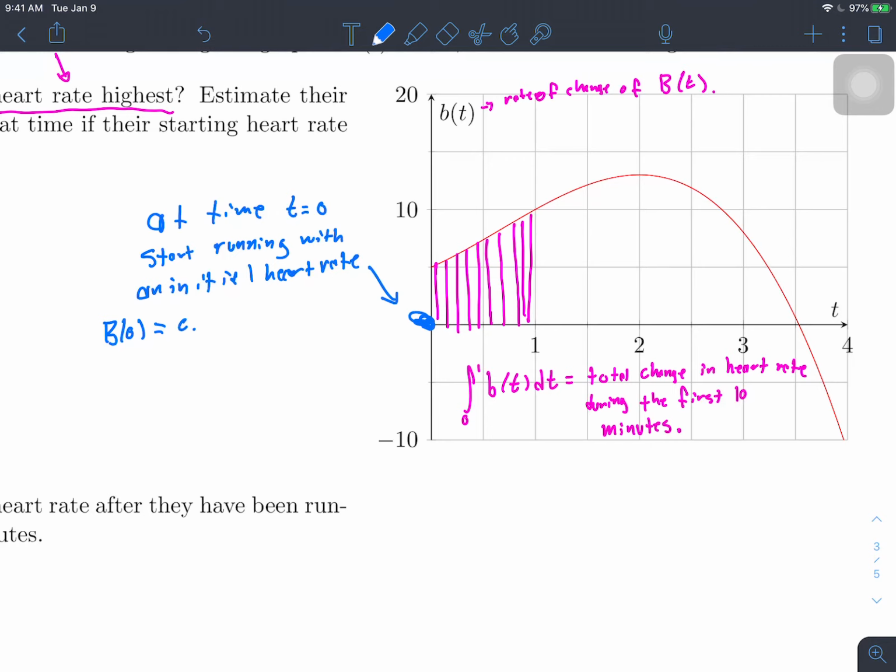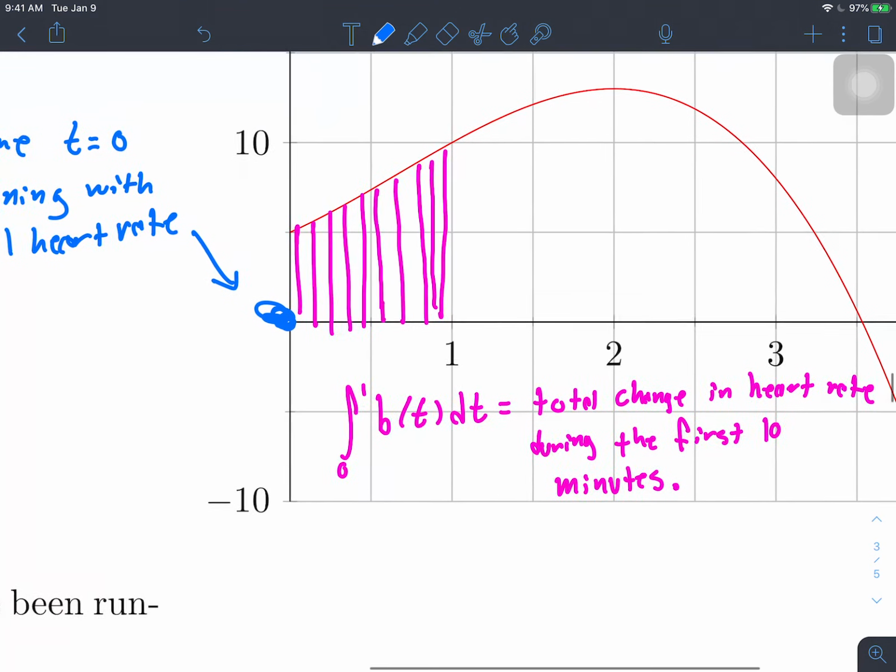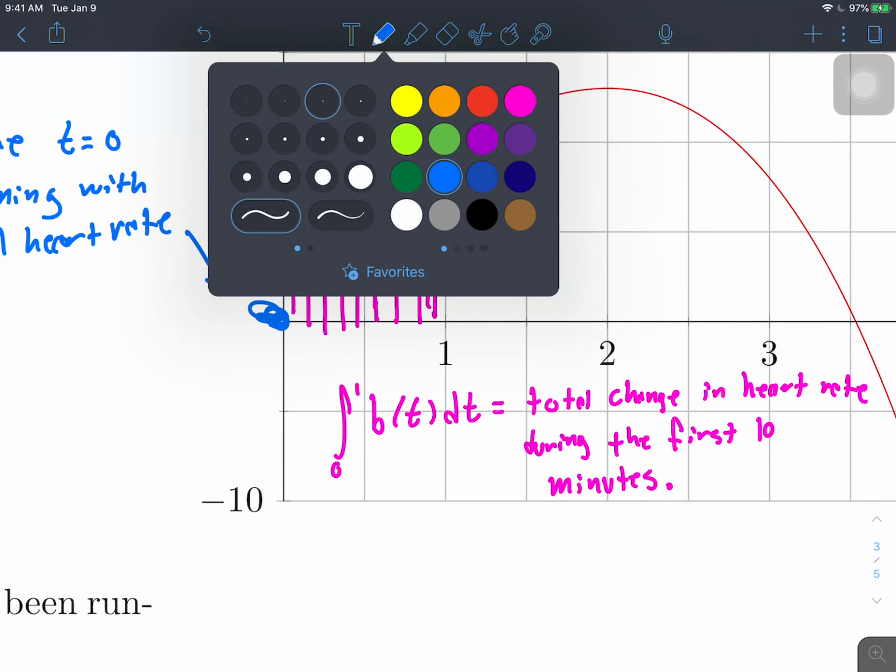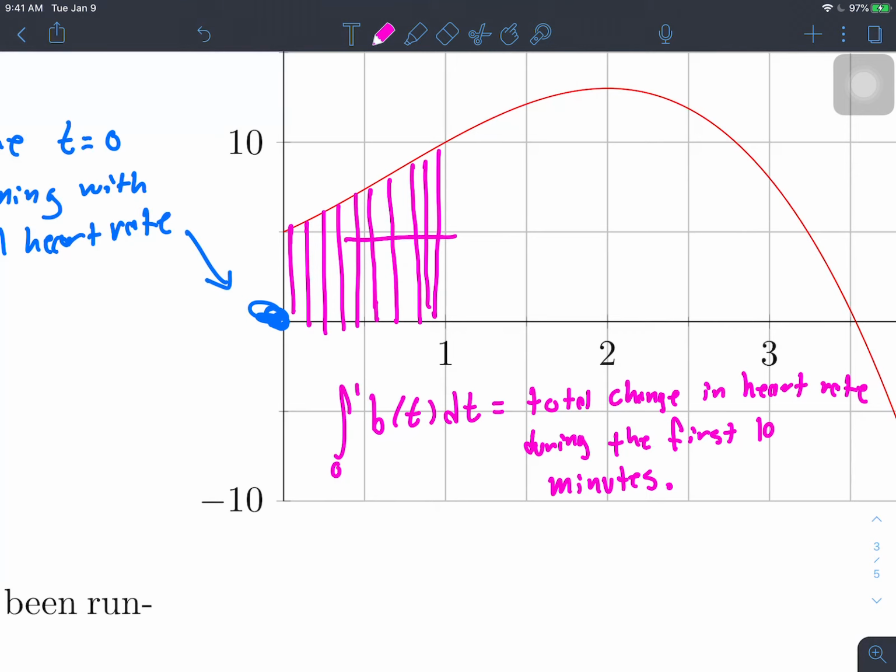So the way that this reads is we start running, and as we move from left to right, we are accumulating area. This means heart rate is increasing.